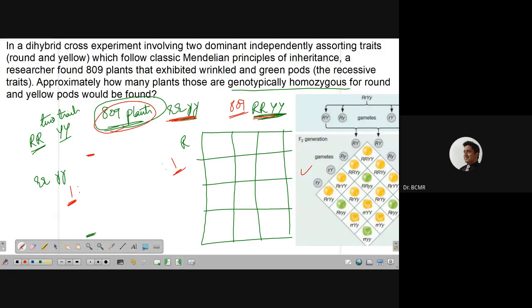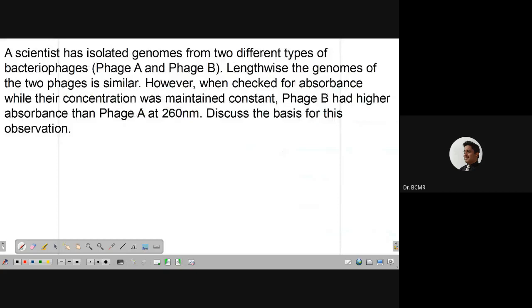There are some more interesting questions. I would want you to find an answer for this. We are now solving all the questions that we have discussed so far in previous classes also. A scientist has isolated genomes from two different types of phages, phage A and phage B. Lengthwise, the genomes of the two phages are similar.